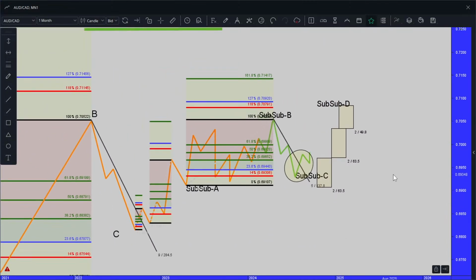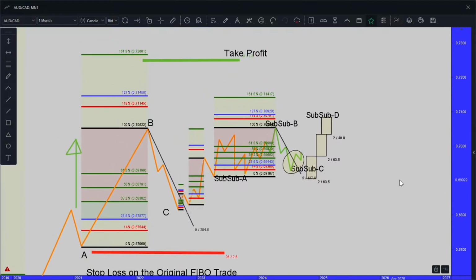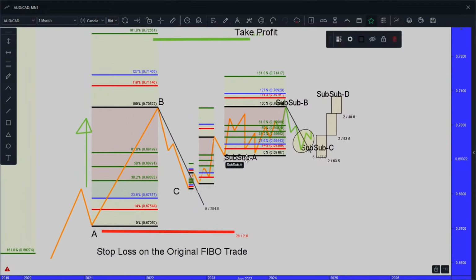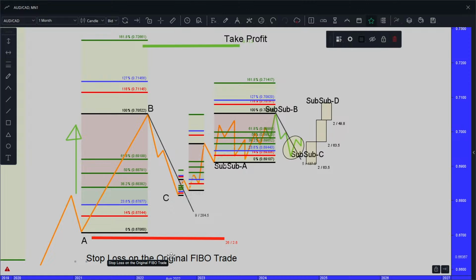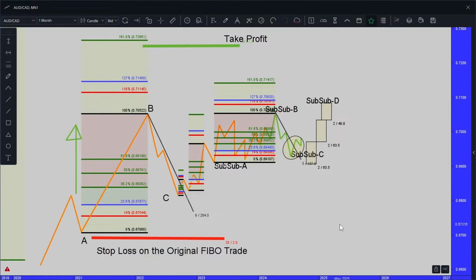I have a great question on the other streaming platform. Boss, why it's not the stop loss below the capital A? Everybody, what do you think? We are going to enter at the circle.